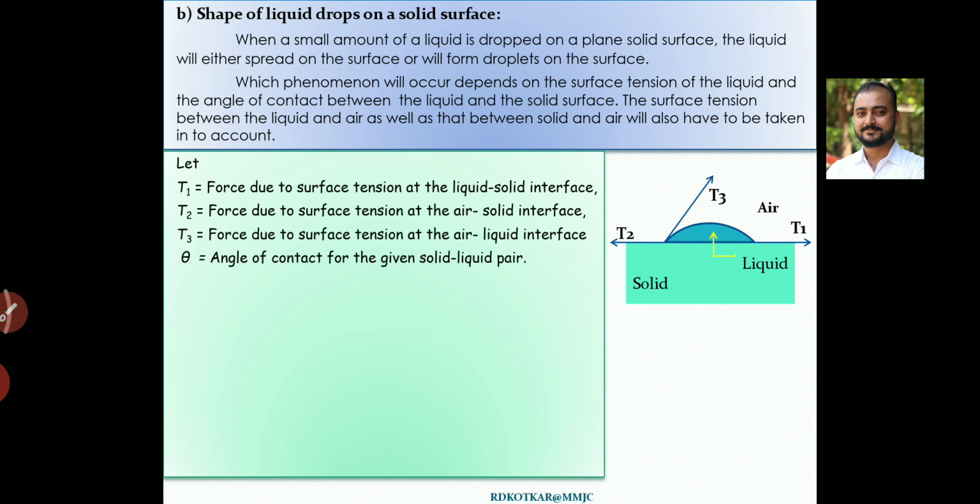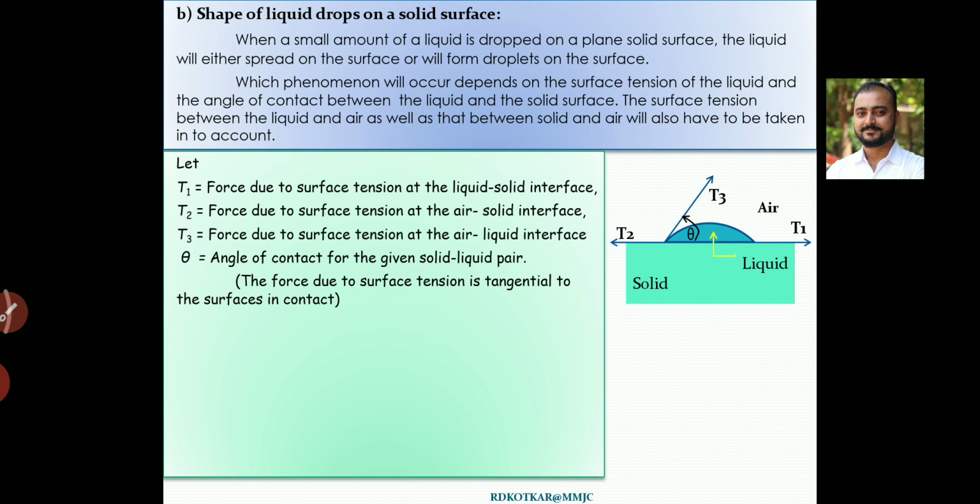So here we consider that theta is the angle of contact for the given solid-liquid pair. How can it be drawn? By the same definition, this is the angle theta as shown in the figure. So theta is the angle between the solid and liquid pair. Here we can see that the force due to the surface tension is tangential to the surfaces in contact.